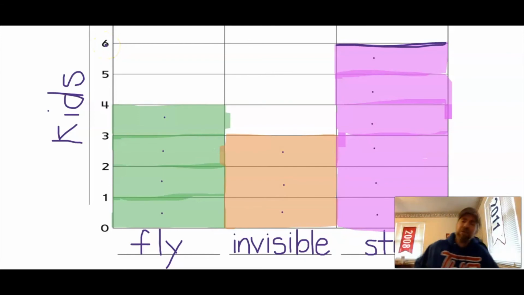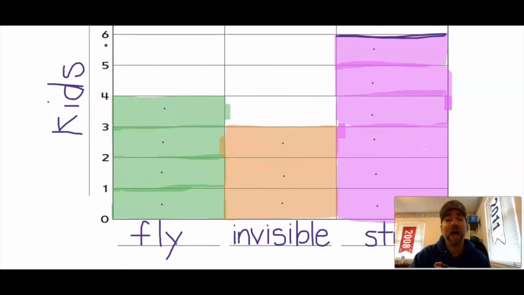Now, I can give you some harder questions like this one. How many students voted to fly and to be strong in all? Now we have to look at 2 of our groups. To fly and to be strong.